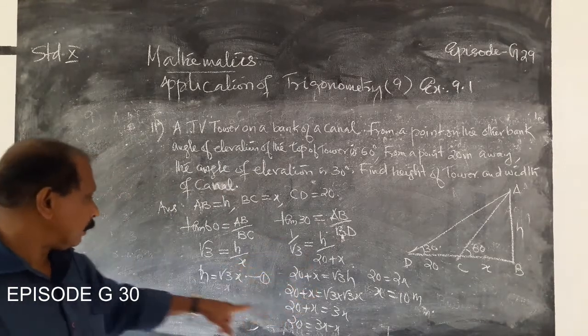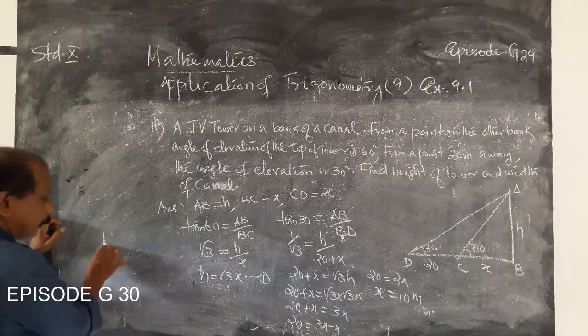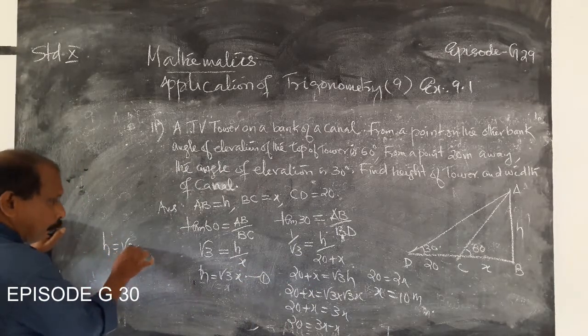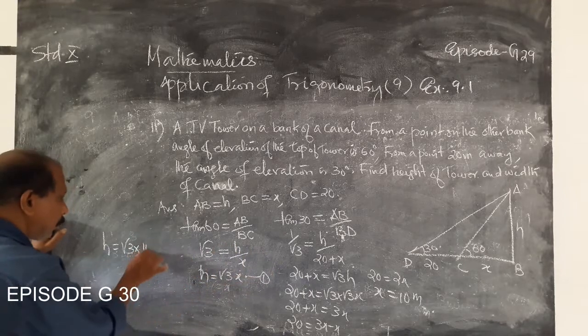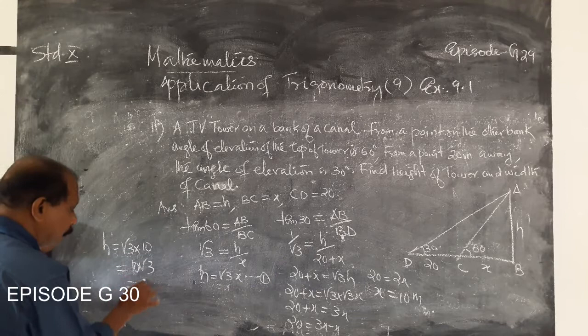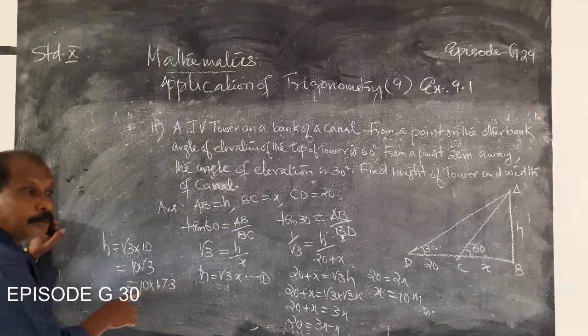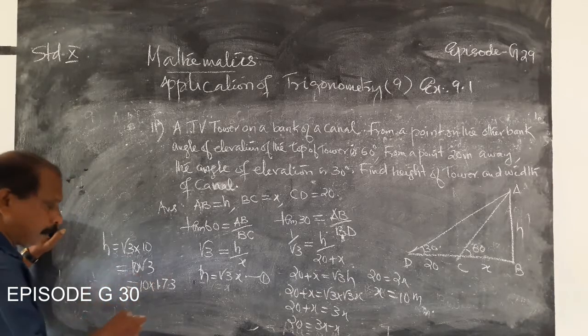Substitute the value of x in the first equation. We get h is equal to root 3 into x. That is 10 root 3 is equal to 10 into 1.73. Multiplied by 10, we get shifting the point one digit right.